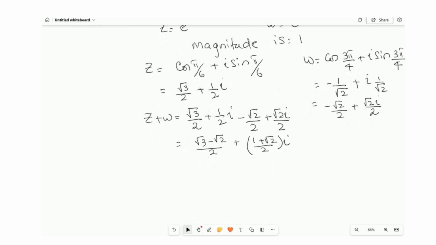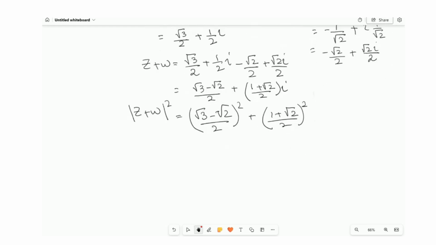So therefore I can write |z plus w| squared is equal to square root of 3 minus square root of 2 divided by 2 squared plus 1 plus square root of 2 divided by 2 squared.